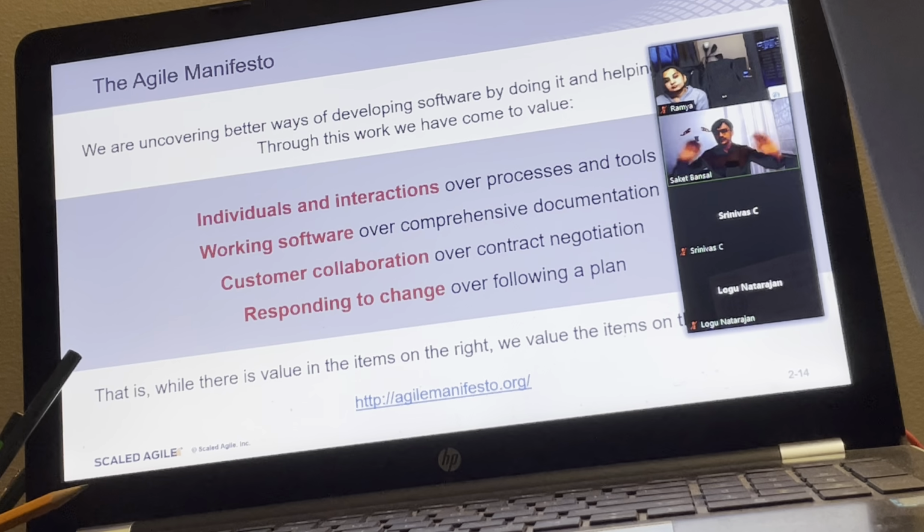But in general, it is fair to link it back to the original identification of what adds more value, presented in the form of 4 value statements. We stress what is more important over others: individuals and interactions over process and tools, working software over comprehensive documentation, collaboration over contract negotiation, and responding to change over following a plan. So this is the Agile Manifesto.